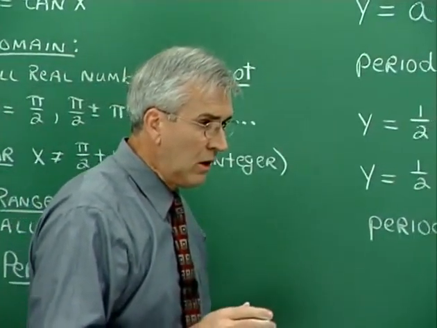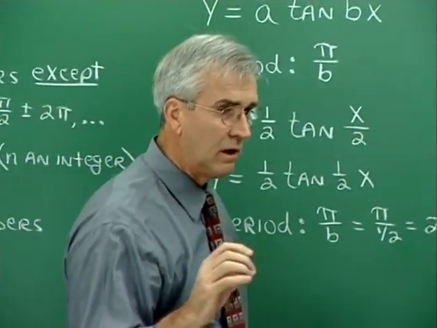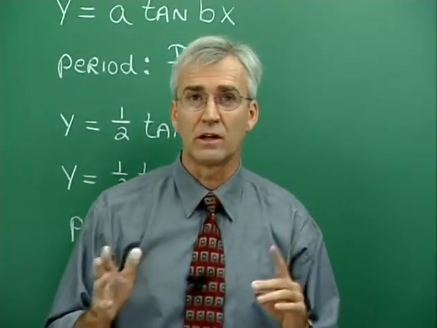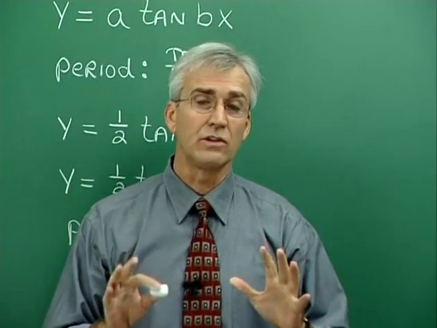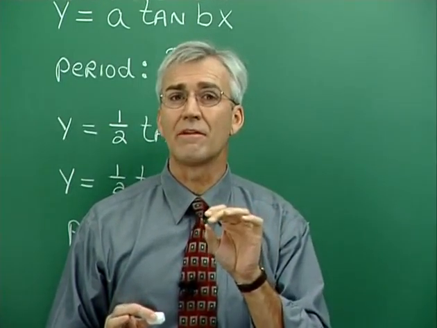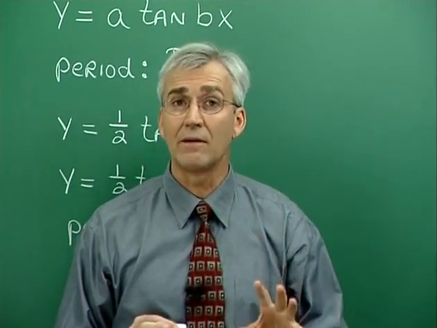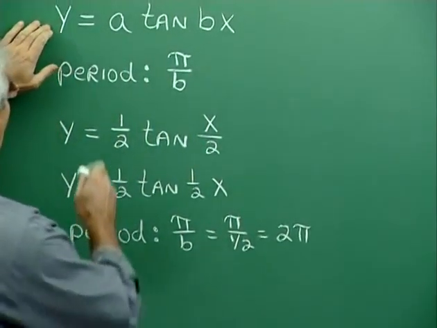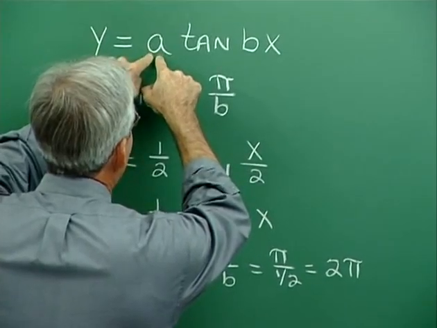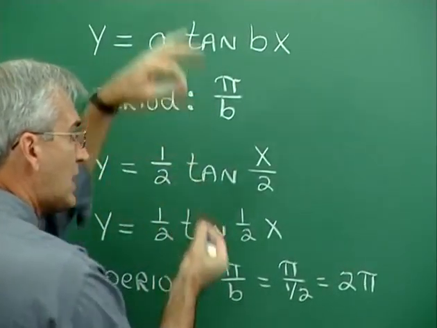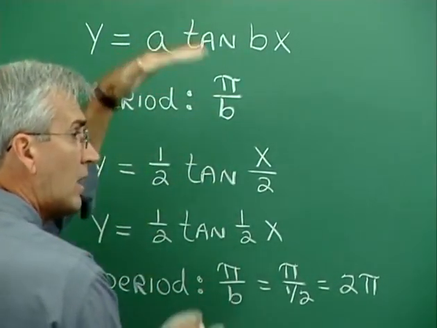Now, we're going to look at the graph of a function that's not just basic. We're going to add a couple of nuances here, and the various nuances will have the same effects on the graph that they have had before. That is, if we're thinking about y equals a tangent bx, the a value will cause a stretching or compression of the graph up and down.